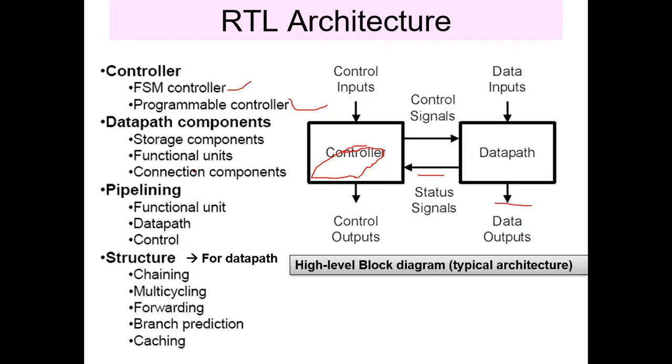In some cases, there may be status signals that need to be given to the controller. The controller generates the control signals for the data path as well as some control outputs to the external environment. Is it clear?